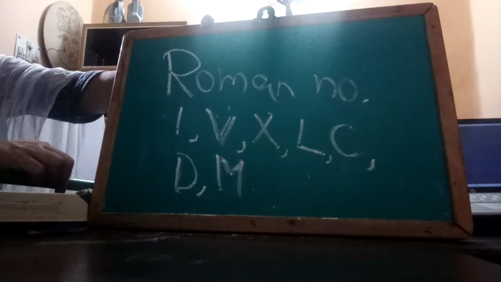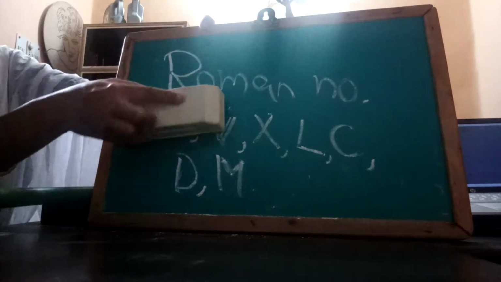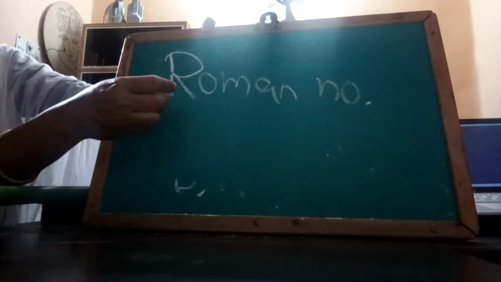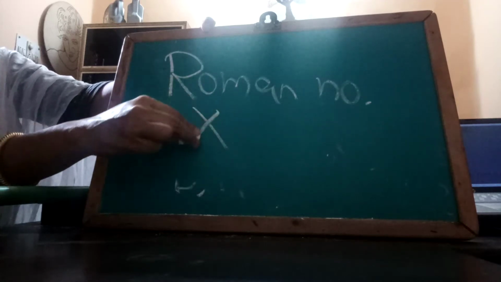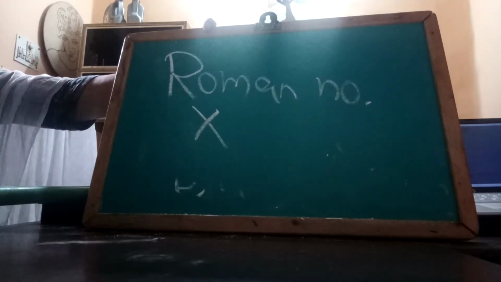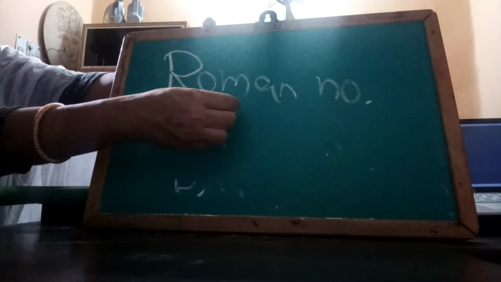The basic rule is, if you write a number, now suppose X is a number, that is 10. Now I want to write 11. I can write a smaller number, or the alphabet which denotes a smaller number, next to it.